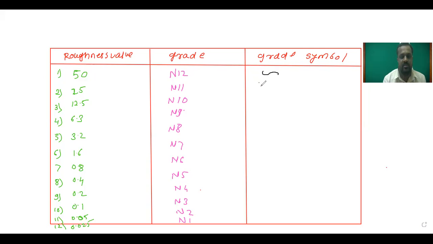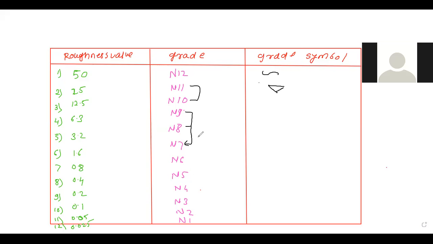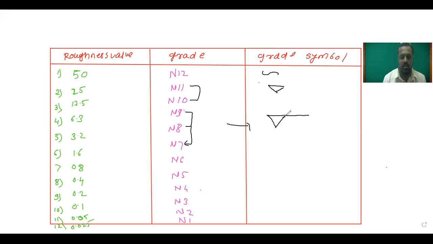Then what is the symbol for N11? A single reverse triangle, only one reverse triangle, for N11. Then N10, and we have to take 3 grades, N9, N8, and N7. For those, double triangle, two reverse triangles. Good, that is correct.